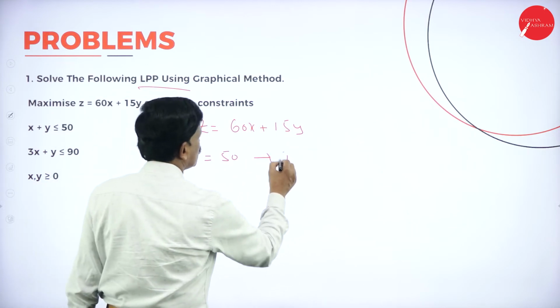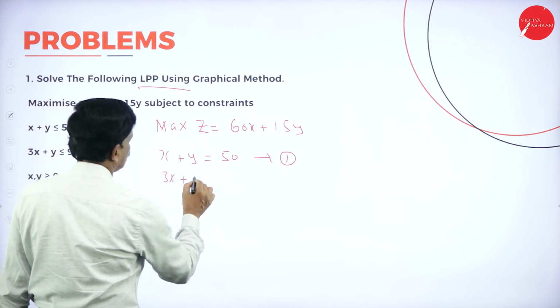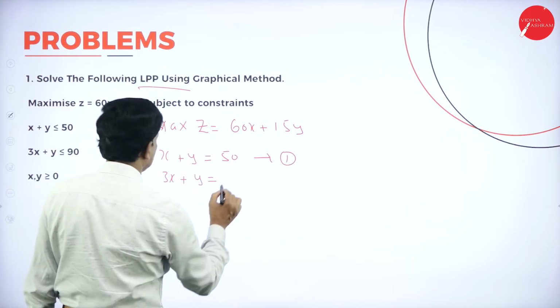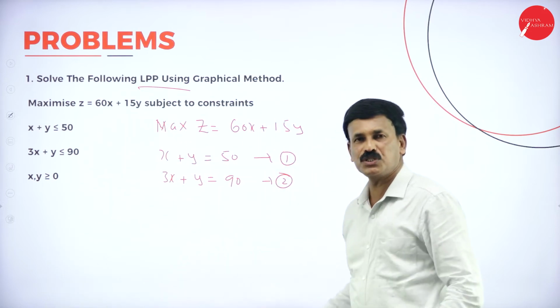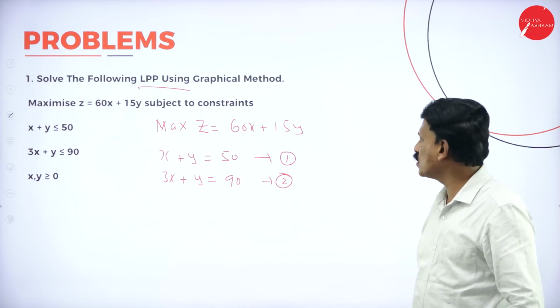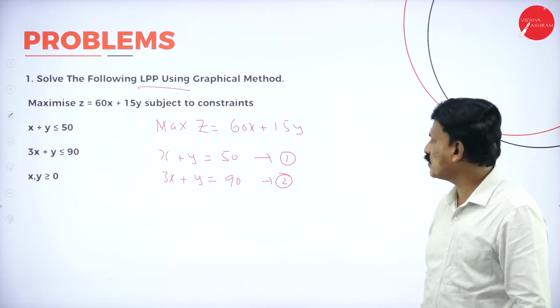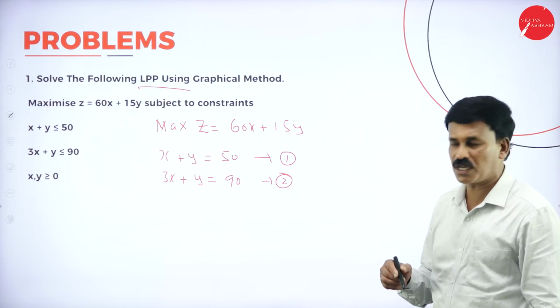Let us represent this as equation number 1. The second, 3x plus y is less than or equal to 90, can be written as 3x plus y is equal to 90. So there are two linear equations, x plus y is equal to 50 and 3x plus y is equal to 90. Now, let us find the points for these two lines.